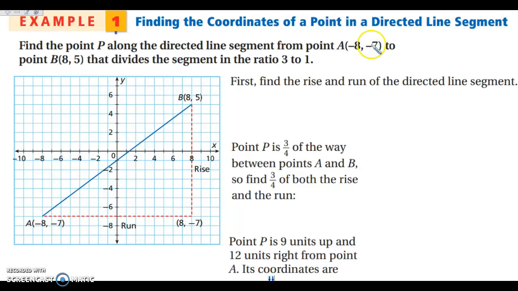If you have nasty ratios like 4/9 or 11/13, whatever the case may be, like you have really odd, wonky numbers here, then you're going to want to do it algebraically. So I'm going to show you how to do it both ways. Again, we're going to start with it graphically.